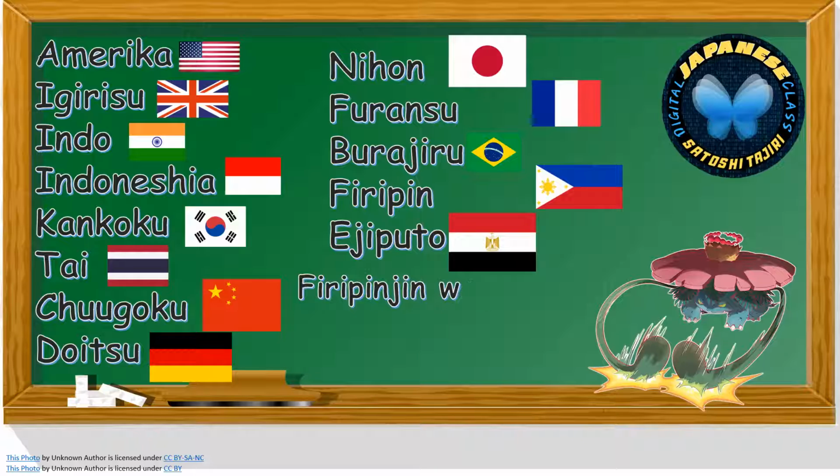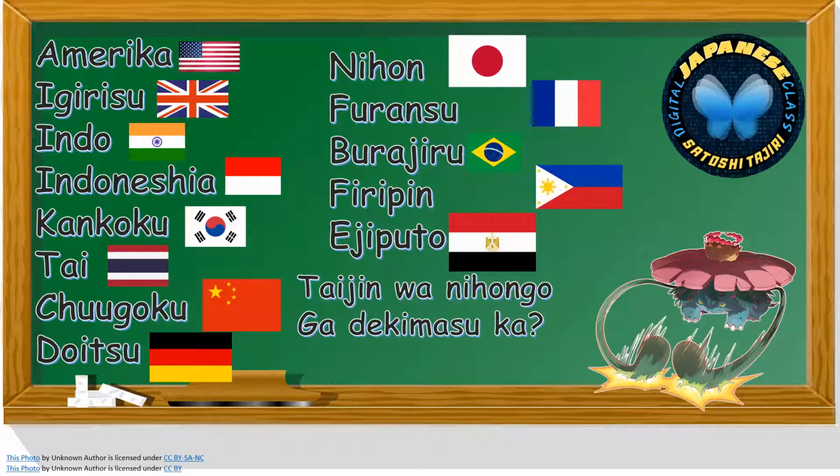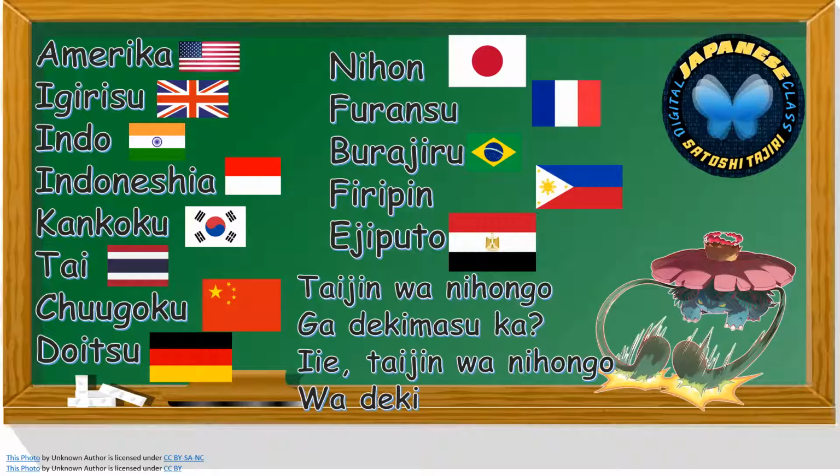How about if I say now, assuming we want to say, Taijin wa nihongo ga dekimasu ka? Can Thai people speak Japanese? If you want to negate my assumption, you will use iie, Taijin wa nihongo wa dekimasen.